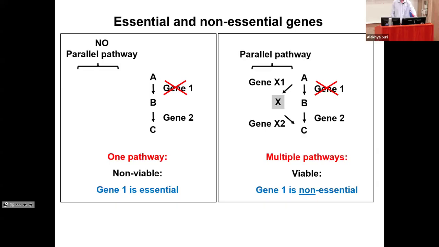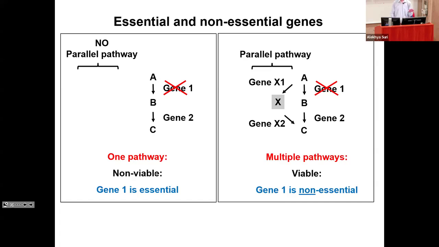So when we look here on the left side, we see A, B, C. This could be metabolic steps, for example. When you go from A to B, you need the product of gene 1, and from B to C, you need the product of gene 2.